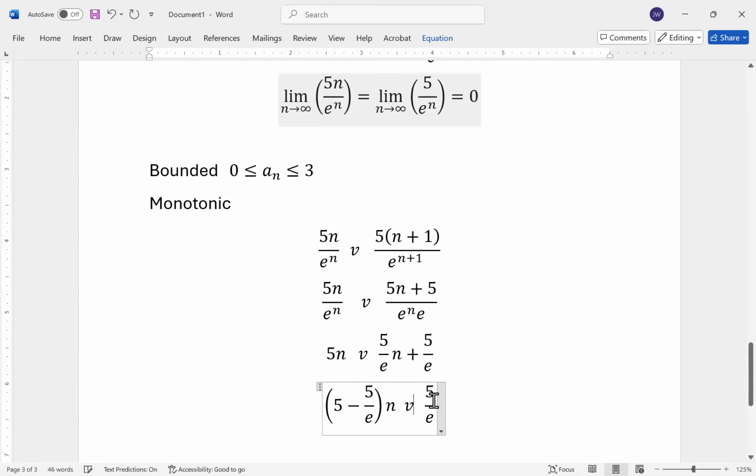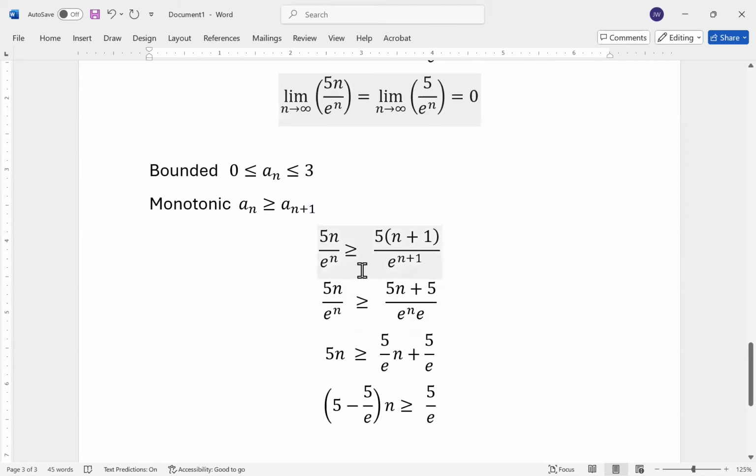So this left-hand side is always going to be bigger. Now we subtracted 5 over e, so that doesn't change the symbol. Multiplying by e to the n power doesn't change the symbol, that's positive. Simplifying doesn't change the symbol. And that means that in this case, a sub n is always greater than or equal to a sub n plus 1.